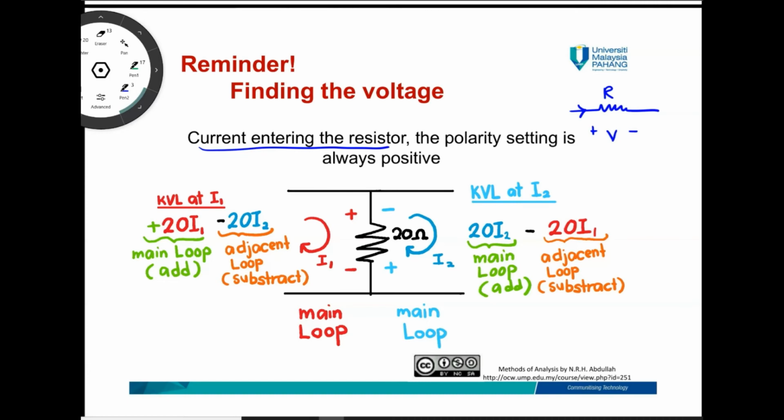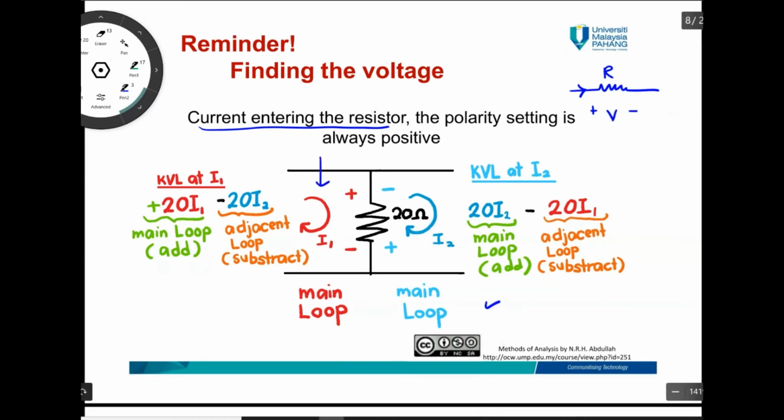Automatically, you are able to find the real polarity for that resistor. So for example, if you have this kind of circuit, which consists of a 20 ohm resistor, and you are doing a KVL equation, this is the first loop and this is the second loop.